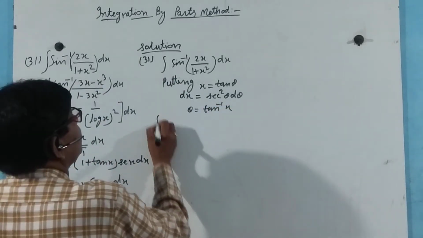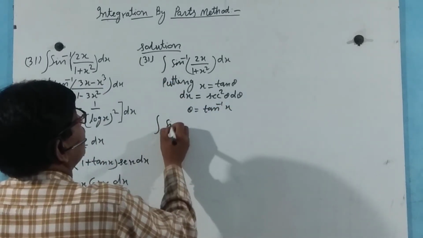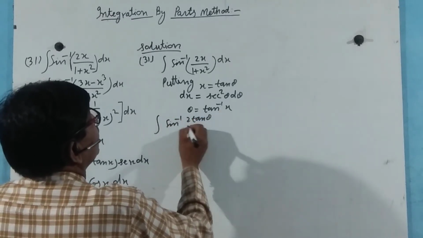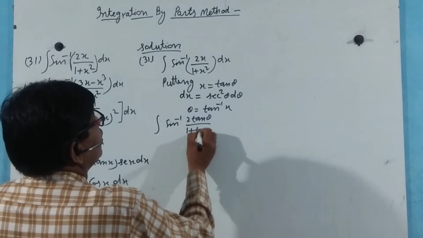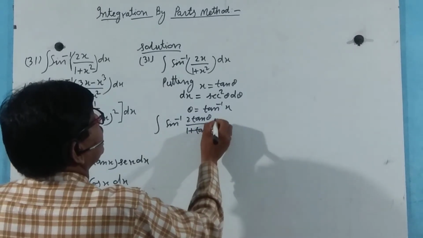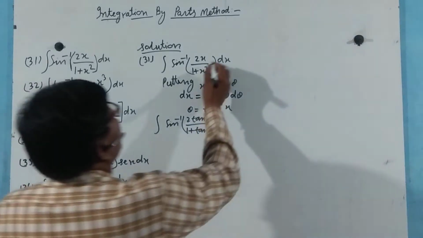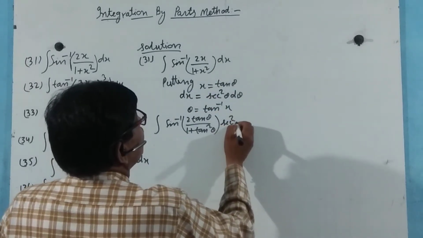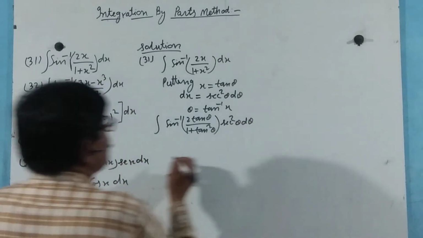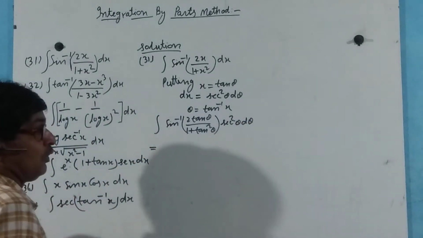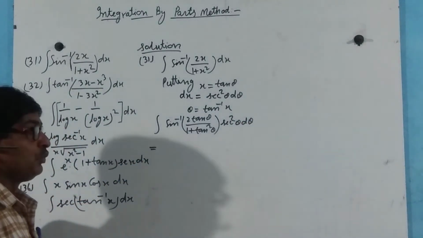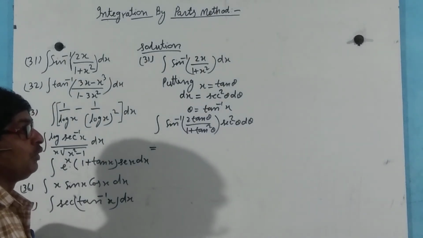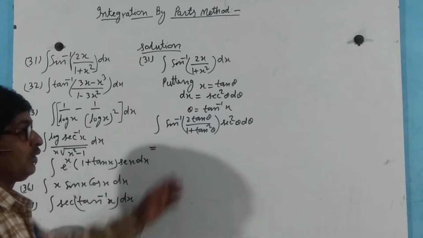Now our integration will be sin inverse of 2 tan theta divided by 1 plus tan square theta, and dx equal to sec square theta d theta. Now we know that sin 2 theta equal to 2 tan theta divided by 1 plus tan square theta.